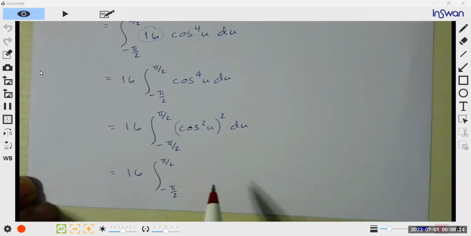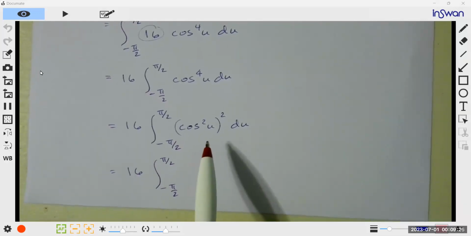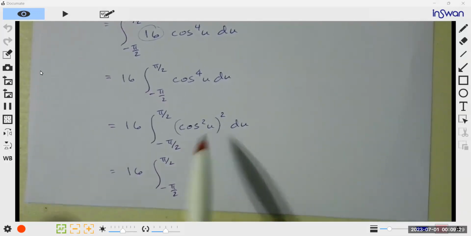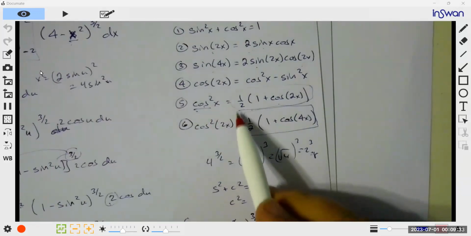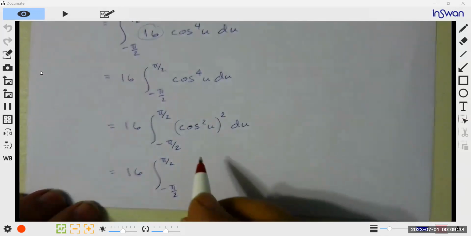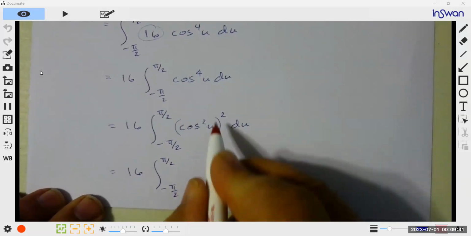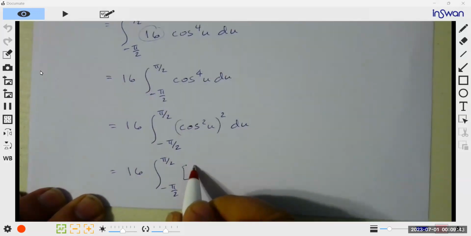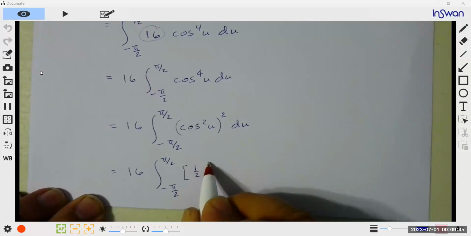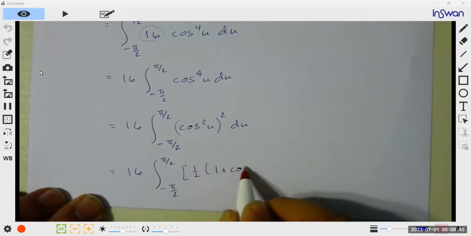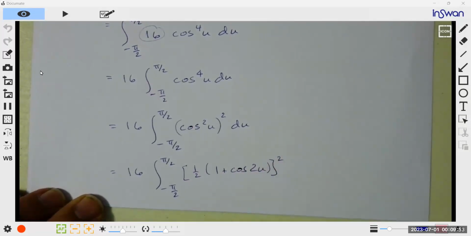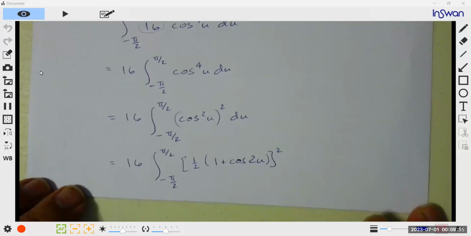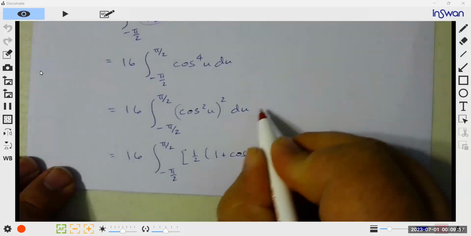All right, let's look at what cosine squared is in our tables. Cosine squared is 1/2 times 1 plus cosine 2x. But it's all squared, so 1/2 times 1 plus cosine 2u squared, du.